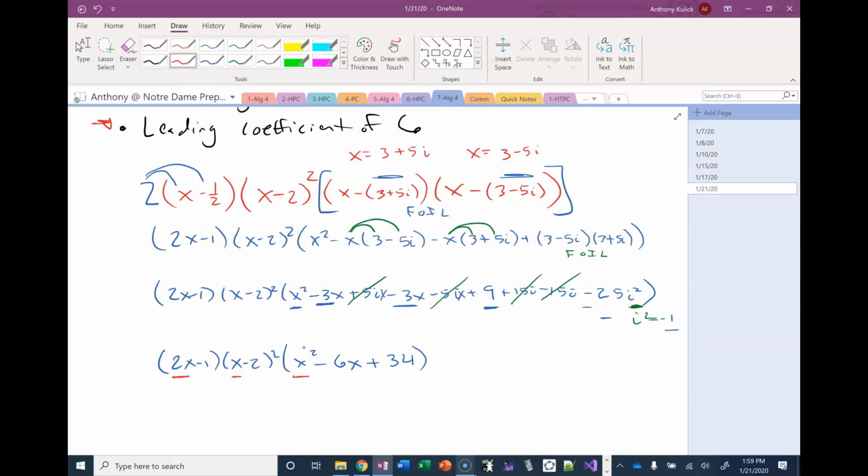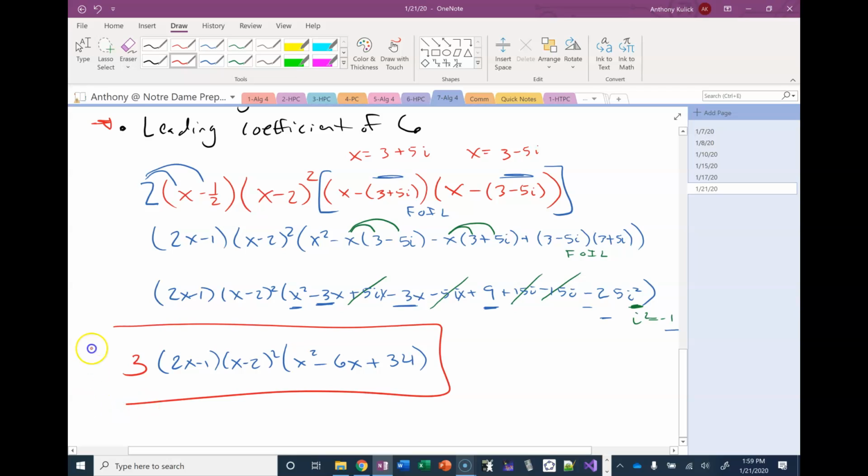So the leading coefficient right now is 2. I need it to be 6. So how can I fix that? Multiply by 3. And we're good. Everybody okay there?